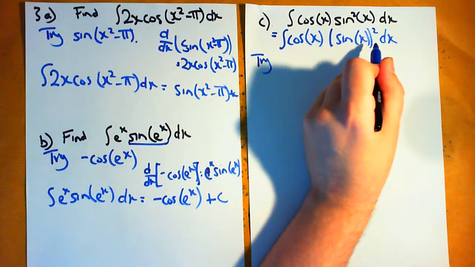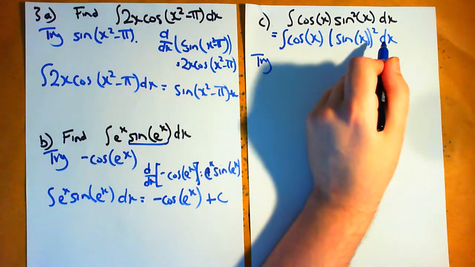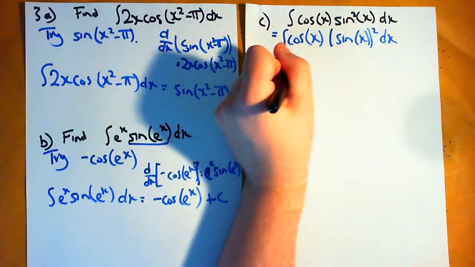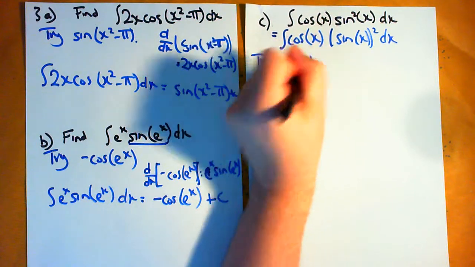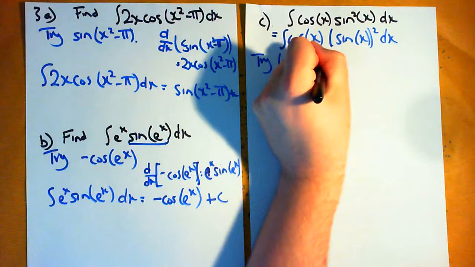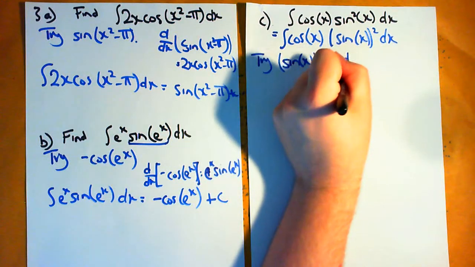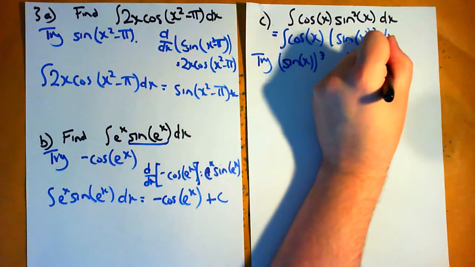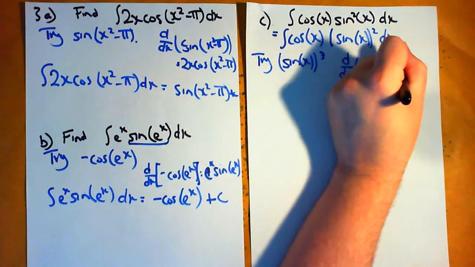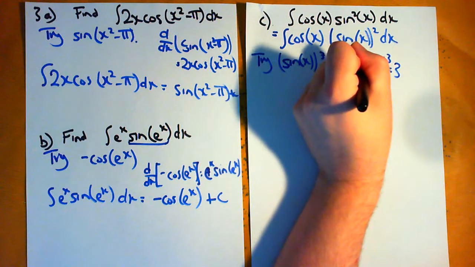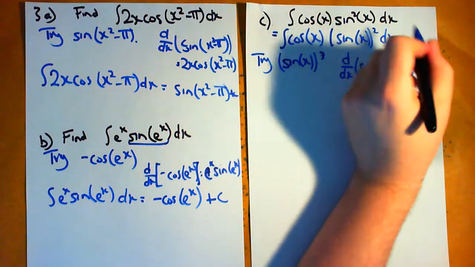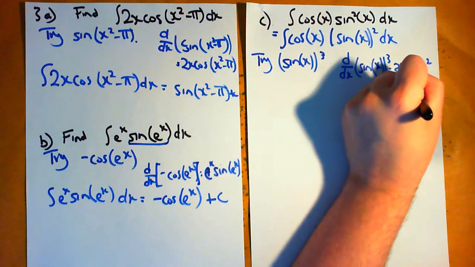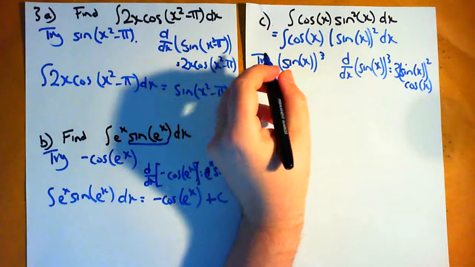Integrate, therefore, that z squared, we would get z cubed times some number, so we would get a z to the power of 3. So we'll try that z is sine of x, that to the power of 3. Now if we differentiate that, we get d by dx of sine of x cubed, so we'll get that power coming out the front, which is 3 times sine of x, and that's squared, times the derivative of the inside of that bracket, which is cosine.